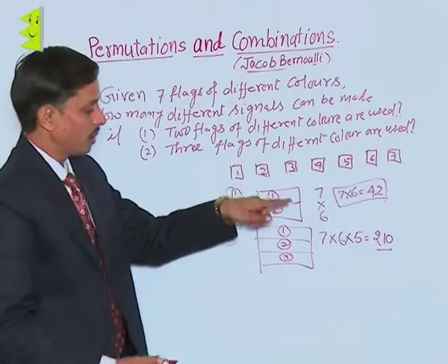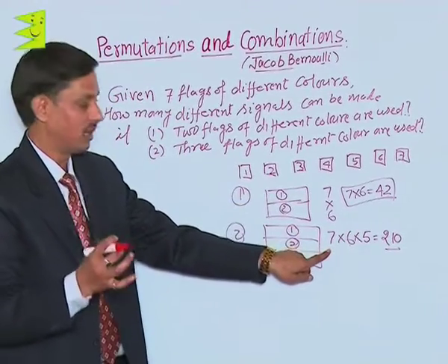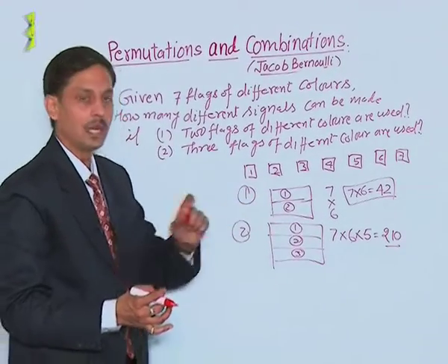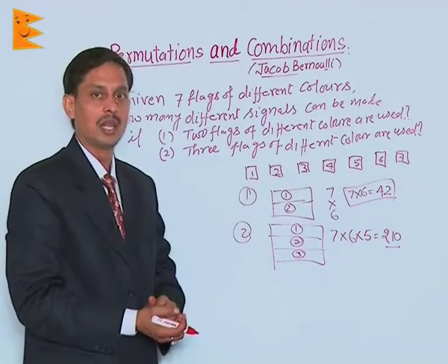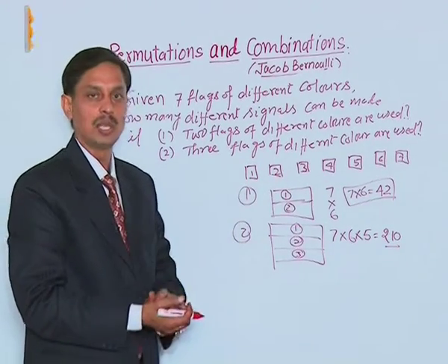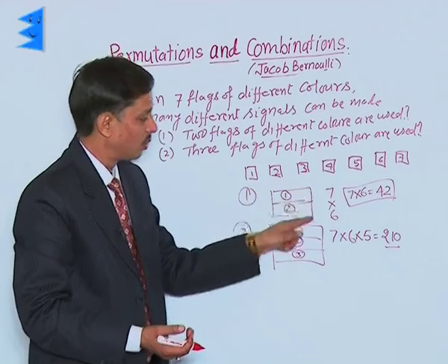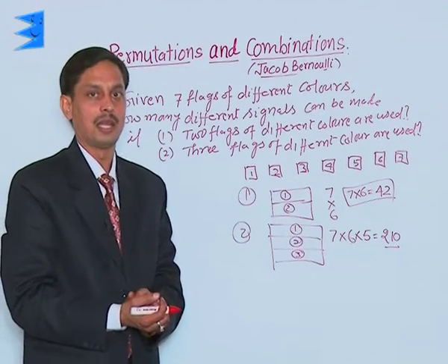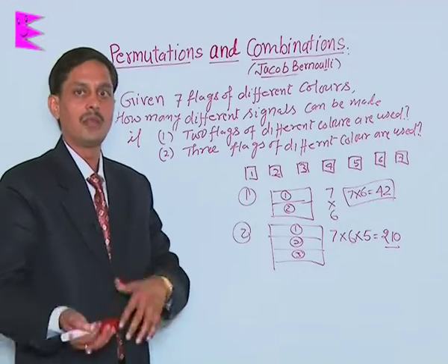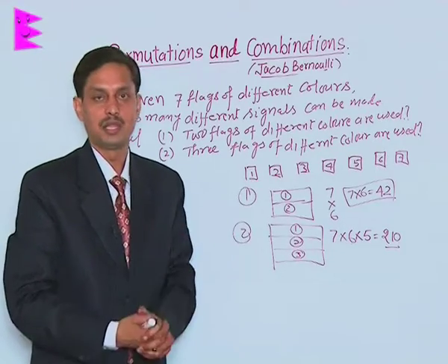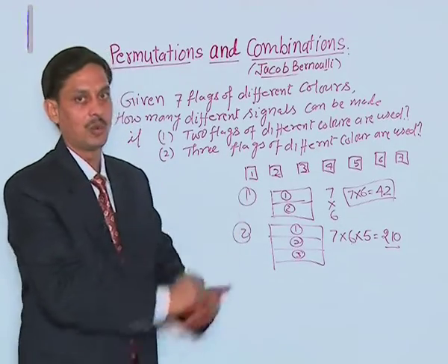So we can make 210 signals if we use 3 flags at a time, and we can make 42 signals if we are using 2 different flags at a time. So this is very simple, not difficult, just to identify and apply the method of principle as per the requirement of the question.